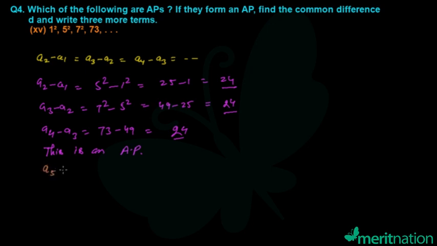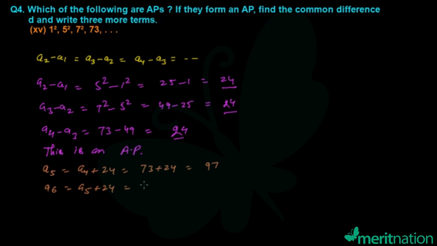Because 4 terms are given, a5 is the next term and will be equal to the last term a4 plus the common difference. So it becomes 73 plus 24, that means 97. a6, the sixth term, is equal to the last term a5 plus the common difference.